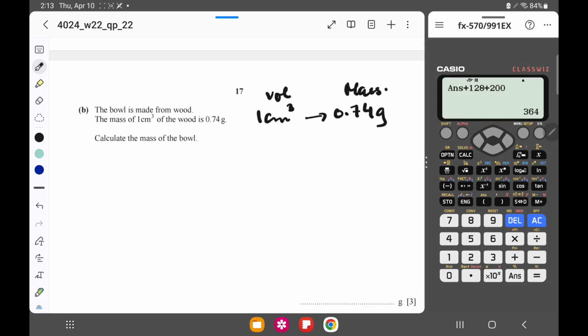So for that we need to find the volume of the bowl, and then we can easily find the mass of the bowl. So the volume of the bowl is equal to the volume of the larger bowl minus the volume of the smaller bowl.